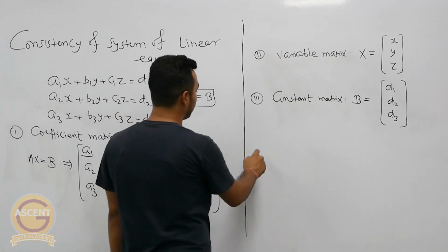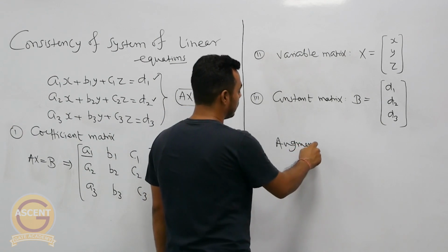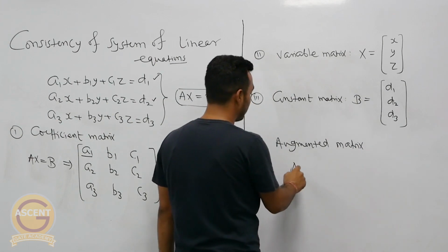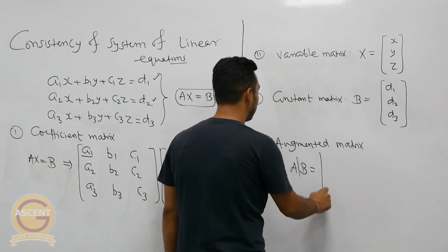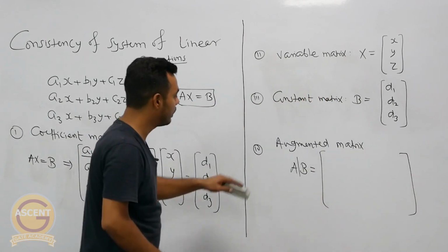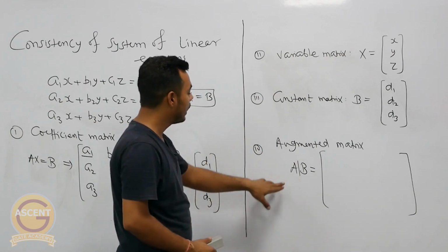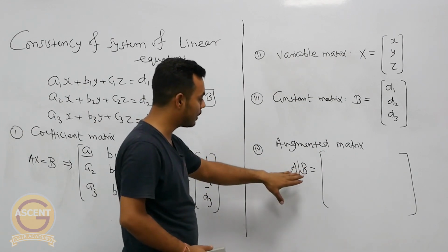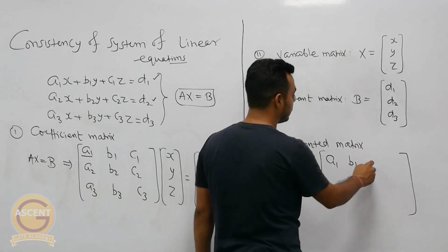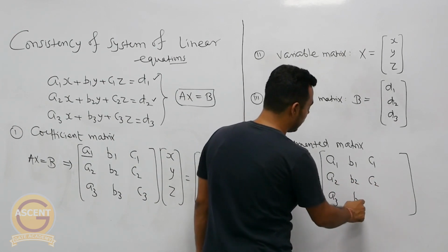Now after this, our fourth matrix will be the augmented matrix. This augmented matrix is represented by A slash B, and this is nothing but the coefficient matrix plus the constant matrix. First we write the coefficient matrix: a1 b1 c1, a2 b2 c2, a3 b3 c3.